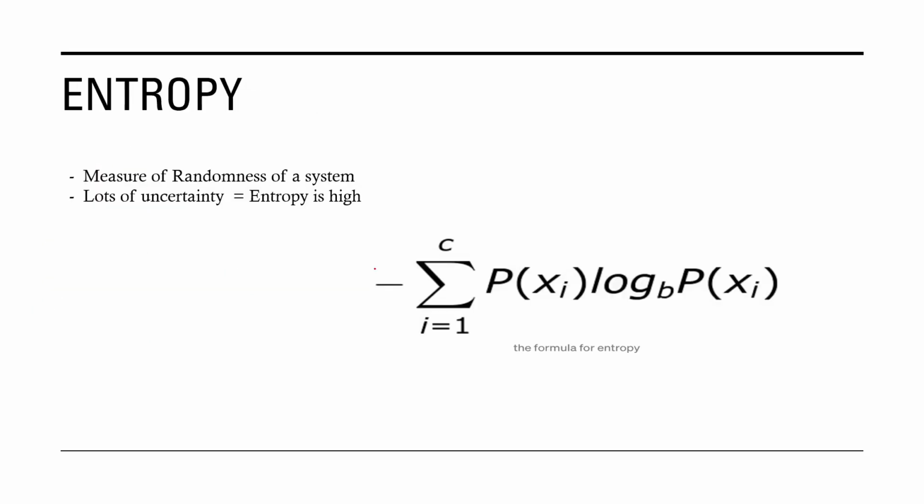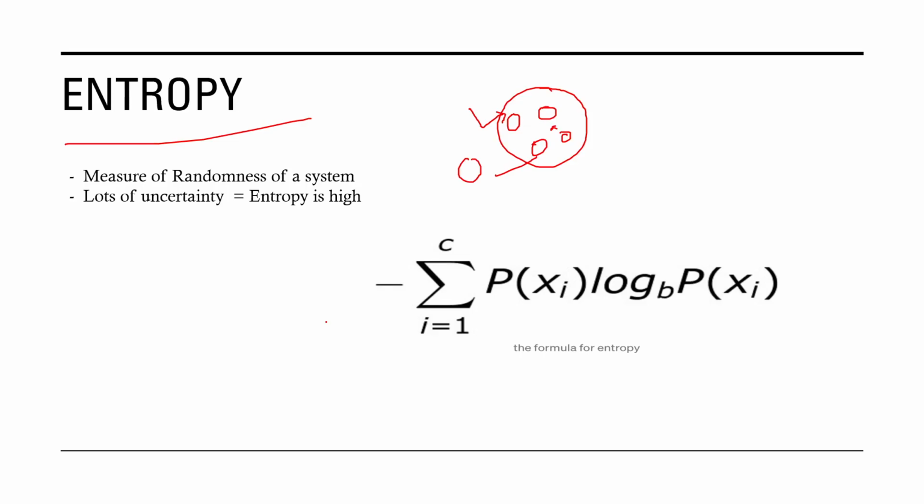Entropy. What is entropy? Entropy is a measure of randomness of a system. What is randomness? For example, I have a data set. All are circles. If I pick any one randomly, I can say 100% it is a circle. What if I have a data set which has circles as well as rectangles?